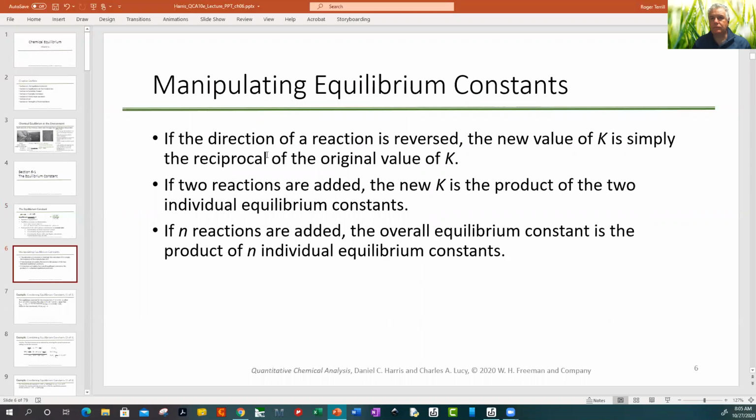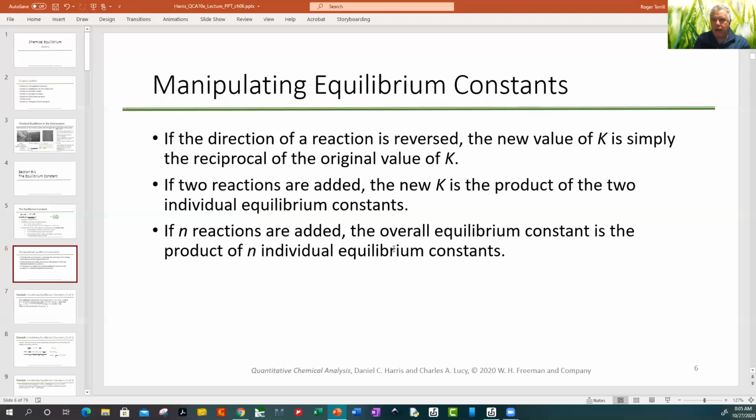Now, if you talk about the reverse reaction, you just flip the K value over. If two reactions are added, like A goes to B and B goes to C, so A goes to C, then the new reaction, A goes to C, has a constant that is the product of Ka and Kb. Maybe I should write that out, but I think it's fairly clear, and we're going to do examples of it.